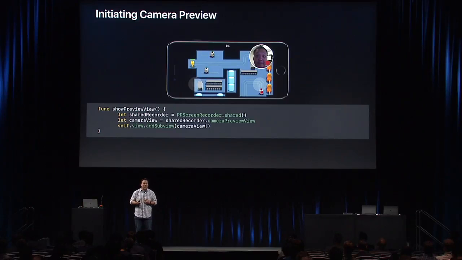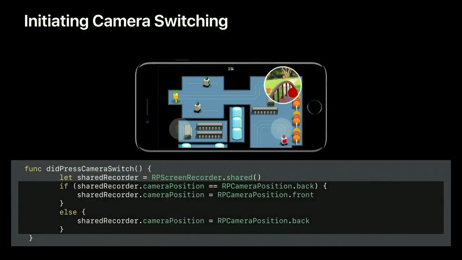Let's go ahead and take a quick look at how we can use fast camera switching. Here, I have a method called didPressCameraSwitch. Again, I'm simply going to grab the shared recorder instance from RPScreenRecorder. I'm really interested in knowing what the current camera position is. So in our method here, we're going to check to see what the current camera position is, and whatever it is, I'm going to switch it to its opposite. So here, we notice that our camera position for our shared recorder is using RPCameraPositionFront.